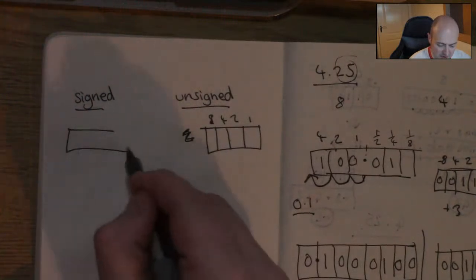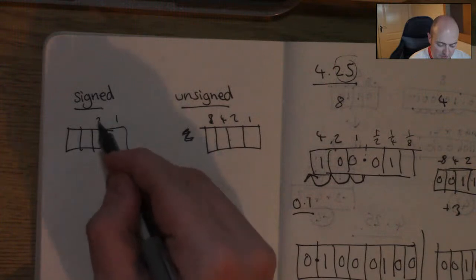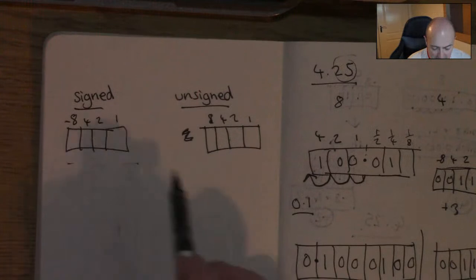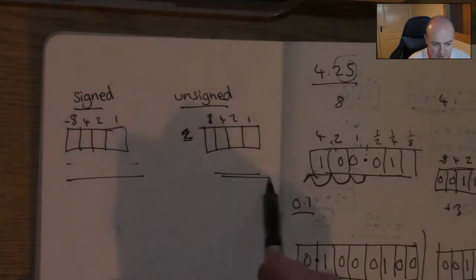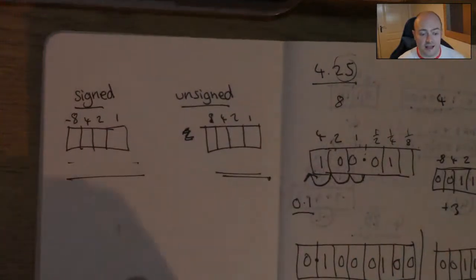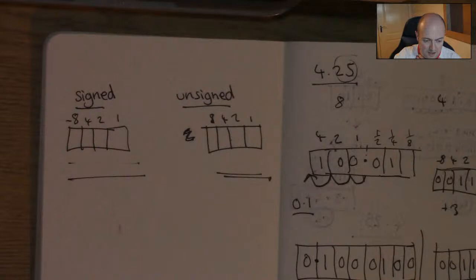Signed would mean that I have 2's complementation. So 1, 2, 4, minus 8. There's a difference in what you can represent with those two values. Have a think about this as a hint to what might appear.